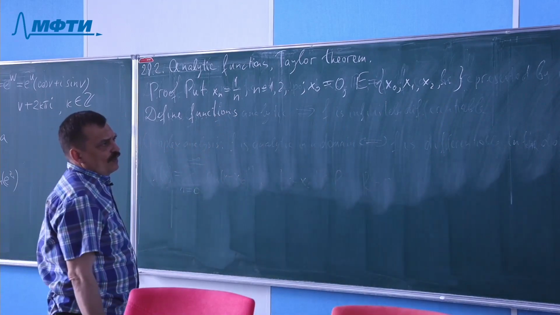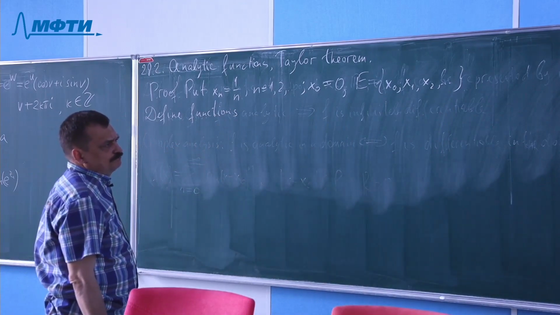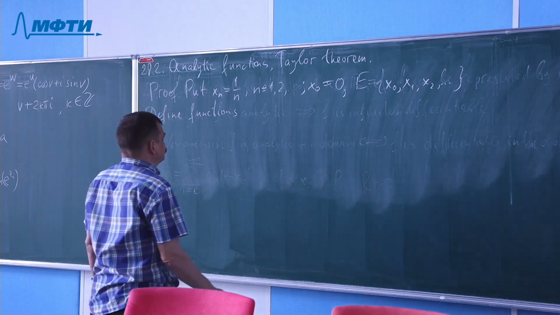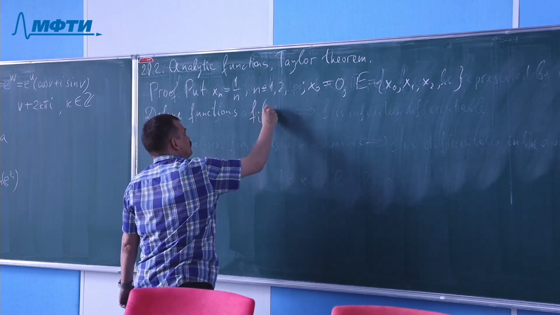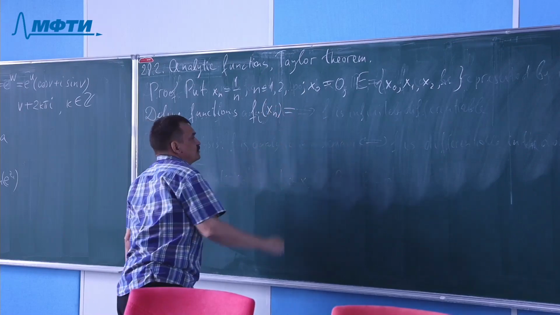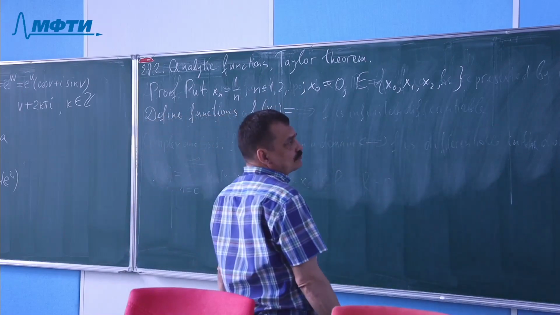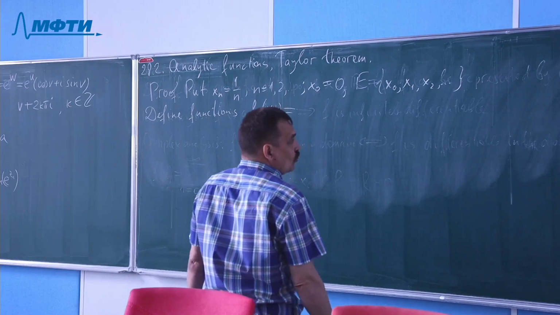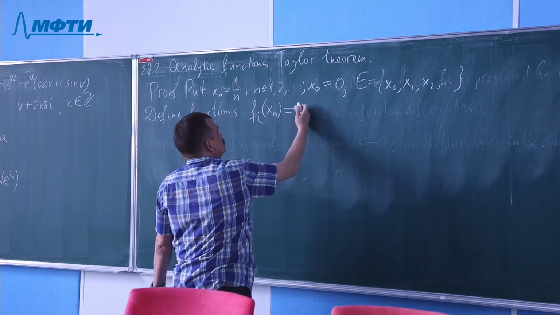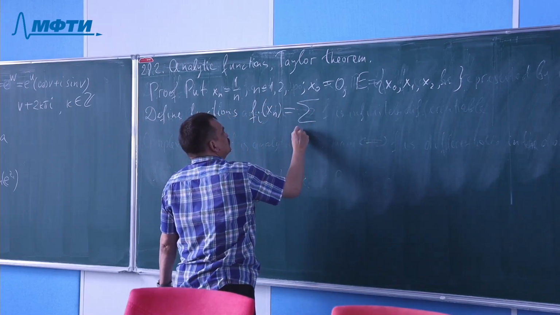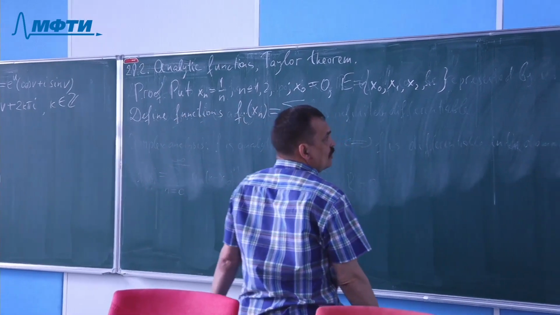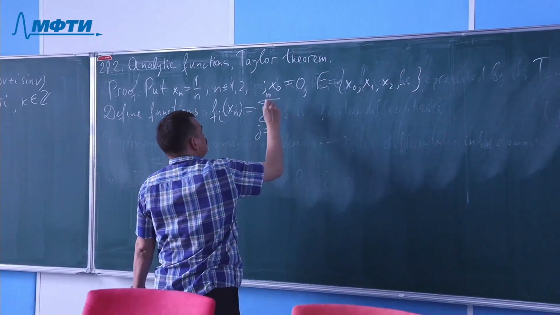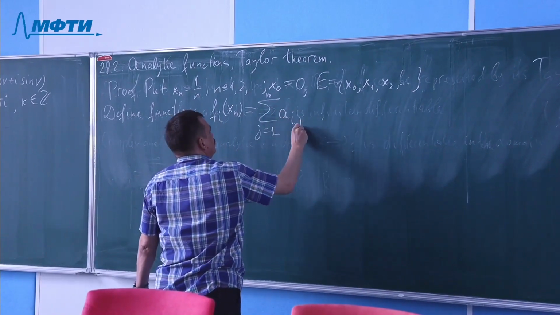Okay, what are functions? f_i of x_n equals the sum over j from 1 up to n of a_ij.